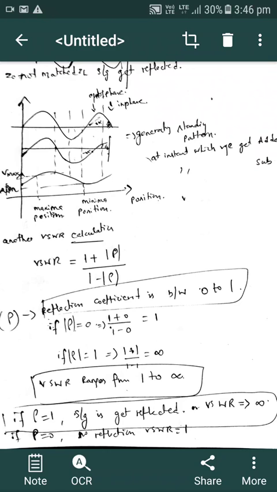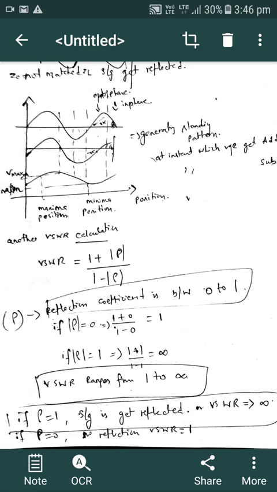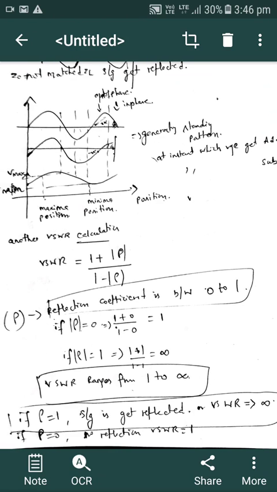Likewise, in the next case, if the modulus of rho, the reflection coefficient, is 1, then substituting in the VSWR formula we obtain 2 by 0, which is infinity. So when the reflection coefficient is 1, the VSWR tends to infinity.